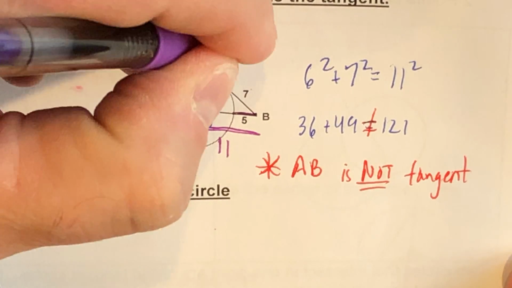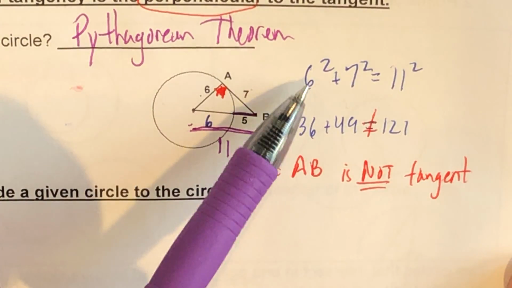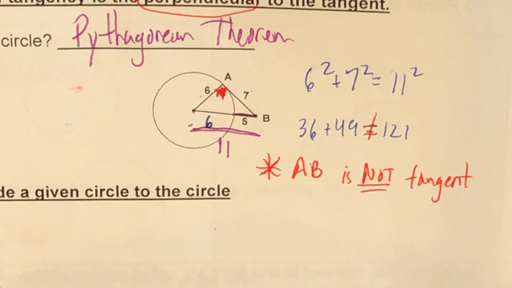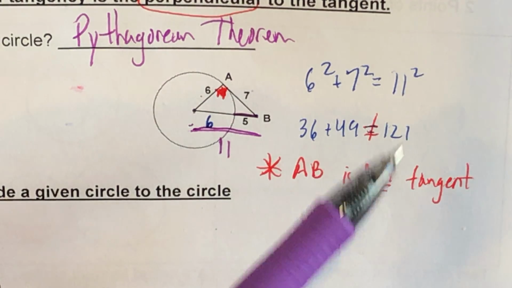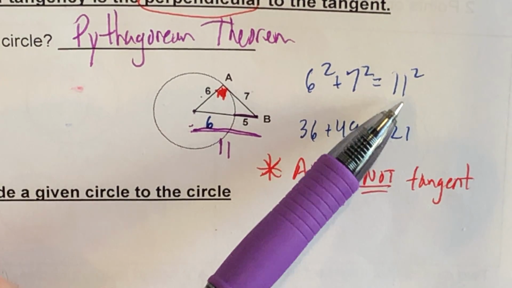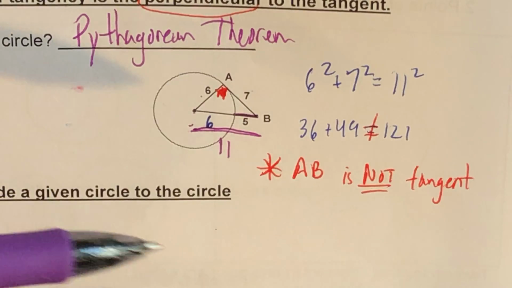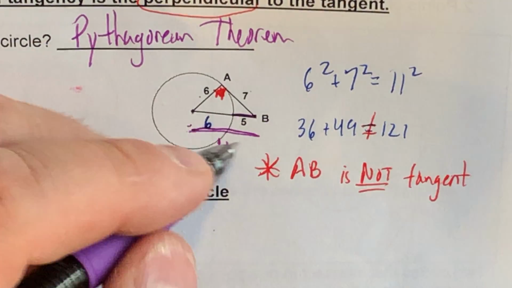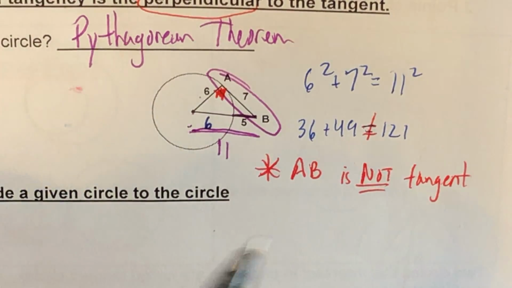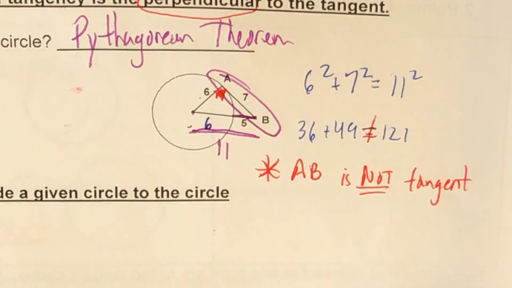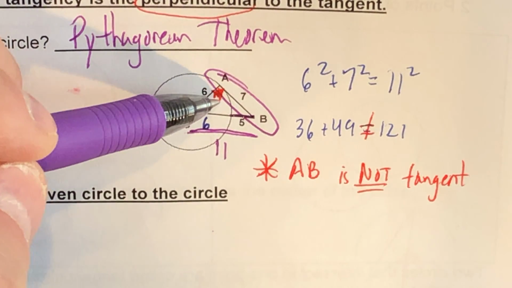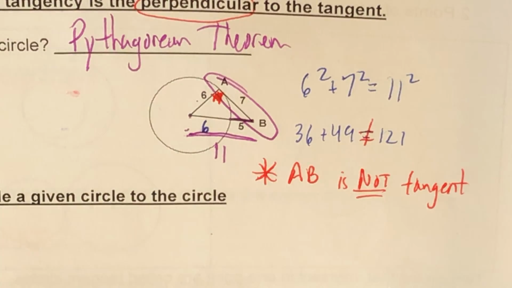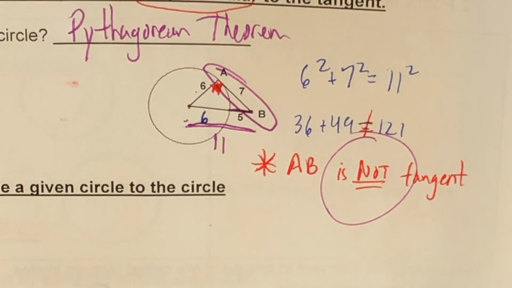You use the Pythagorean theorem to see if it makes a true statement. 6 squared is 36, 7 squared is 49. 36 plus 49 is not equal to what the hypotenuse is. 11 squared is 121. 36 and 49 do not add up to make 121. So I know that that line right there is not a tangent, because then that would be perpendicular, and we would have a true statement for the Pythagorean theorem. So this is a whopping no, okay?